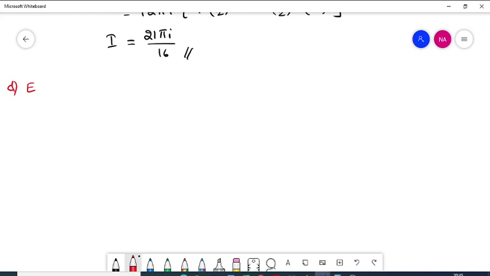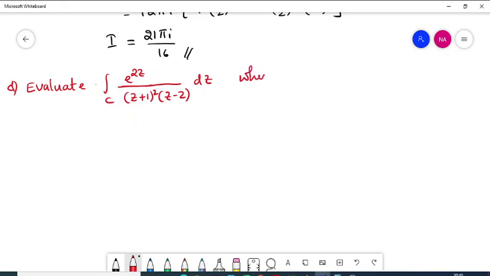We will not solve this one. Evaluate the integral over C of e power 2z divided by (z plus 1) whole square into (z minus 2) dz, where mod z equal to 3. So definitely both points, minus 1 and plus 2, lie within the circle.